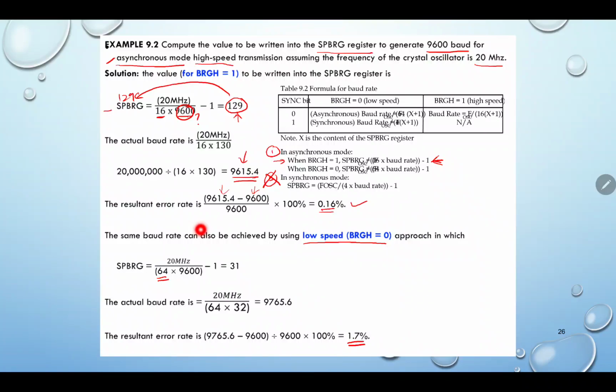What you can deduce from here is that when you use the high speed, it gives less error. When you use the low speed, it gives more error. This is something for you to know. The important thing here is to know this formula. This is the important part that you all need to know.